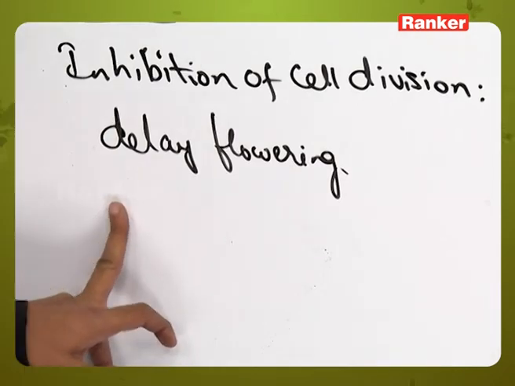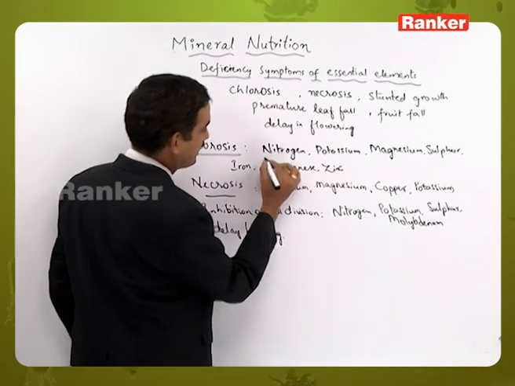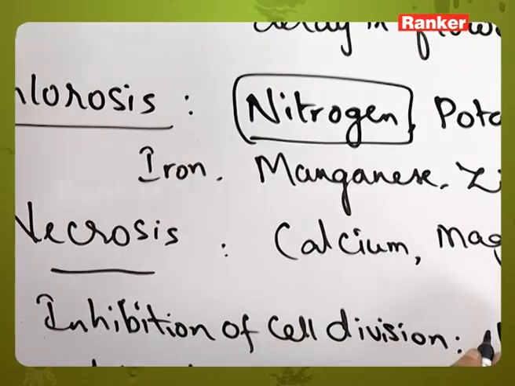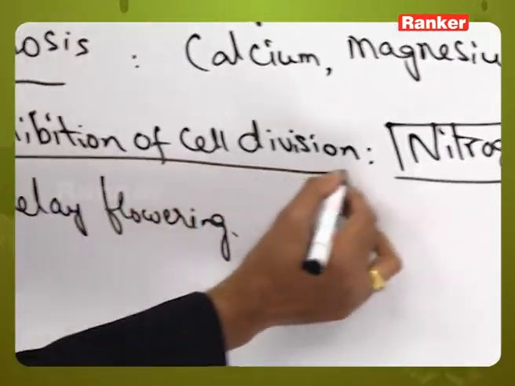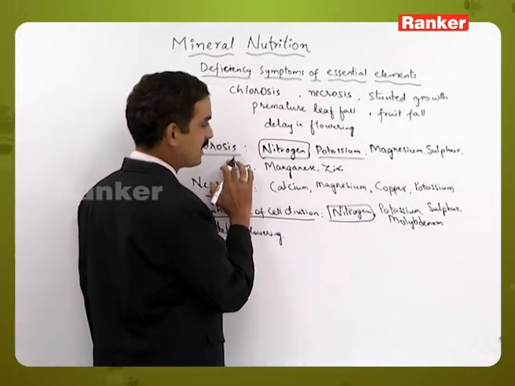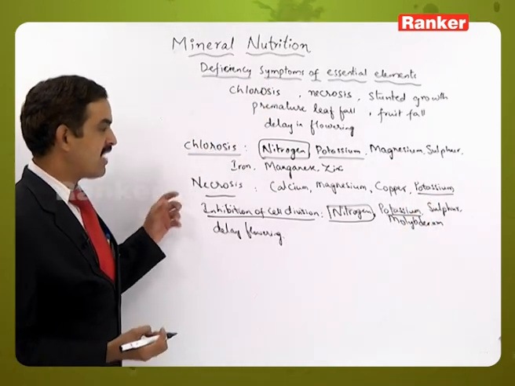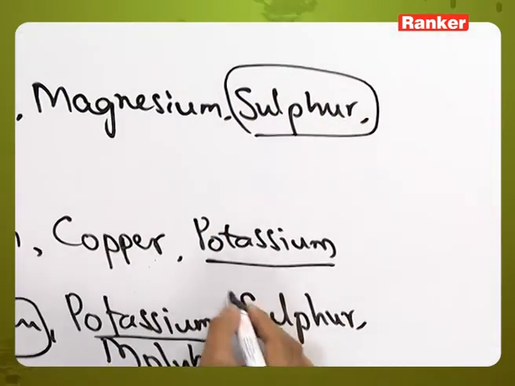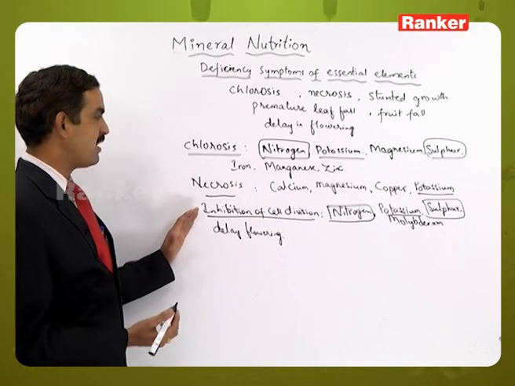So this is one other symptom. Here, some are common, that is nitrogen, when it is deficient it may cause chlorosis, and when nitrogen is deficient it is also causing inhibition of the cell division. When potassium is deficient, chlorosis and also necrosis and inhibition of cell division. Likewise, if sulfur is deficient, it is causing chlorosis and also inhibition of the cell division.